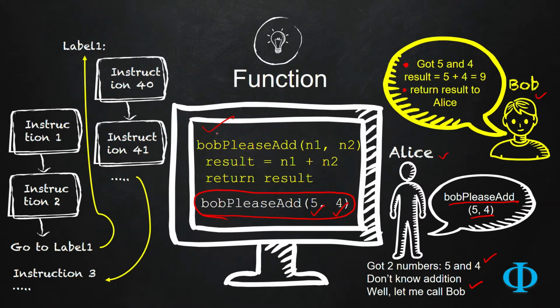And then in the other part of the program, you can define a specific service for the addition, where this service or function takes two different numbers, that is n1 and n2, calculates the result, that is n1 plus n2, just like Bob did, and then returns the result.